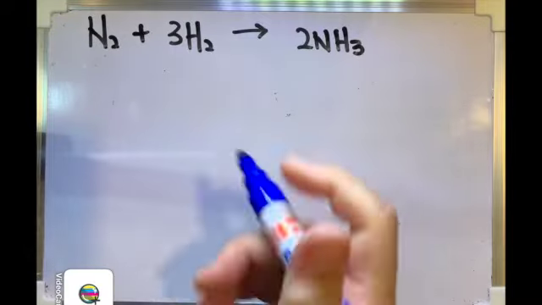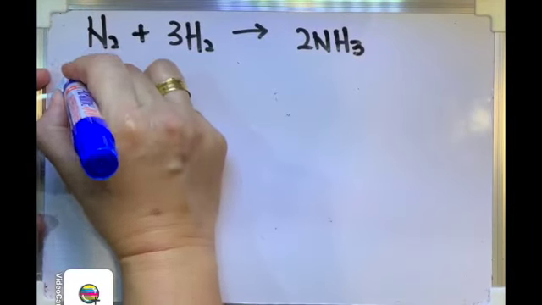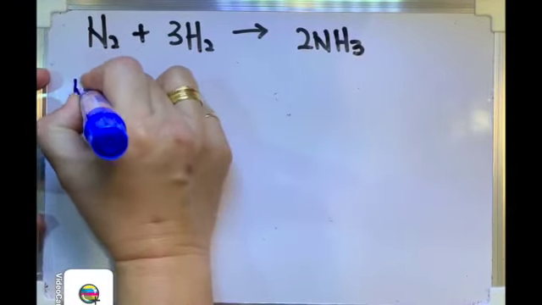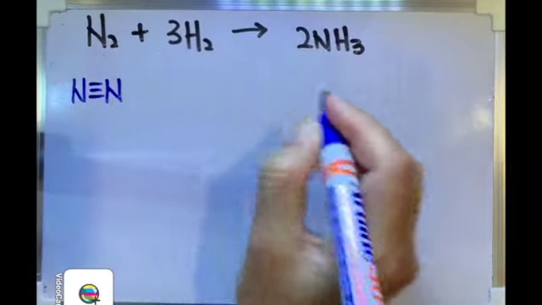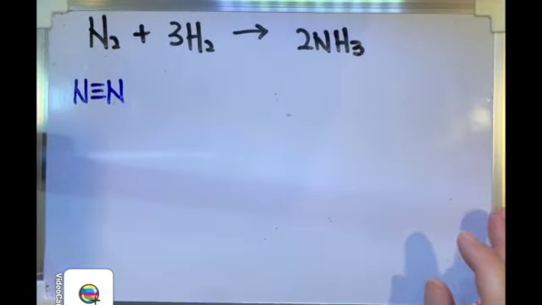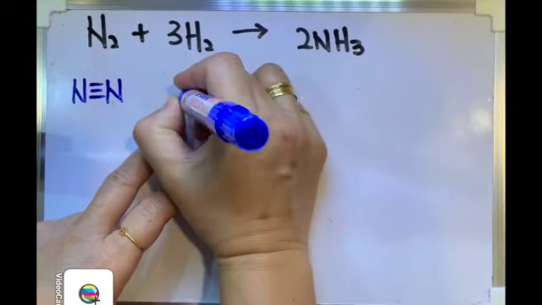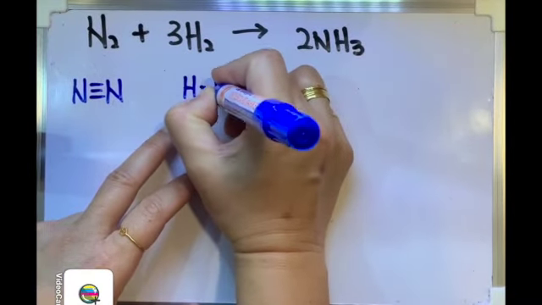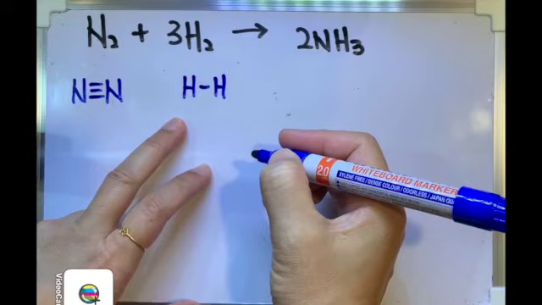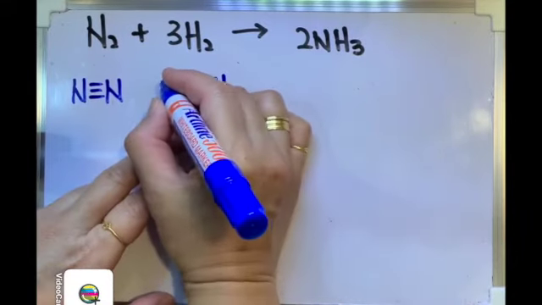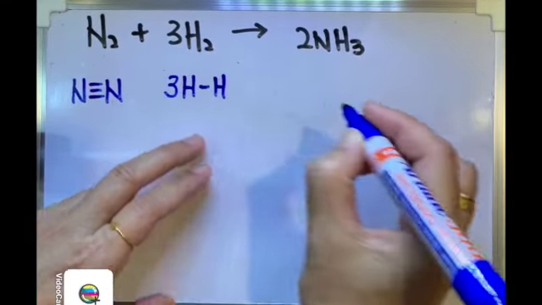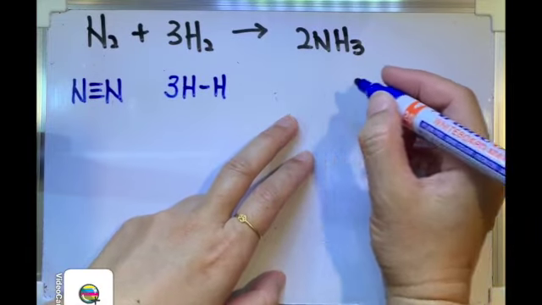The first reactant involved is nitrogen gas, which is drawn as nitrogen triple bond nitrogen. For hydrogen gas, each hydrogen molecule is H single bond H, and we have 3 moles. Coming up next, it will be ammonia.